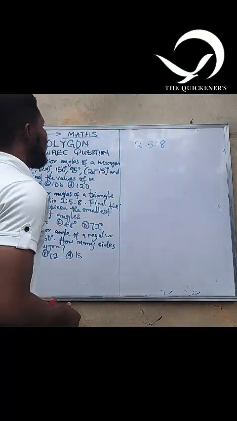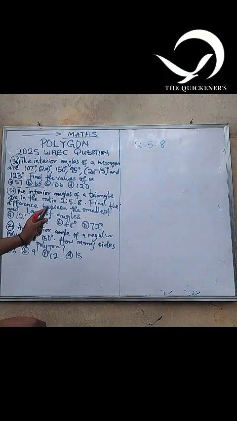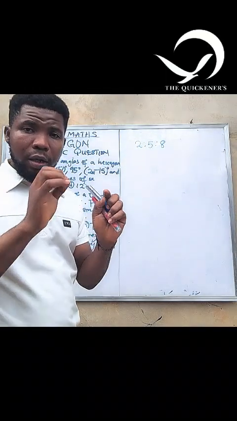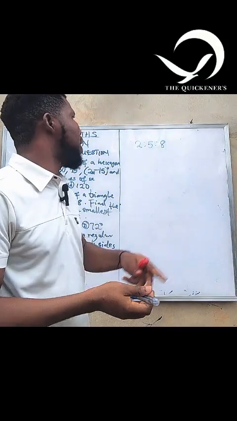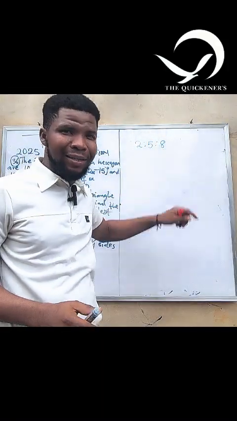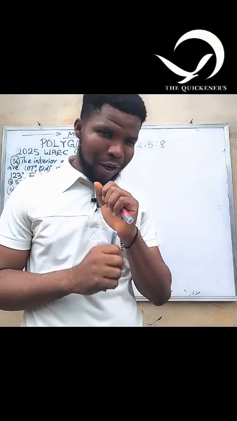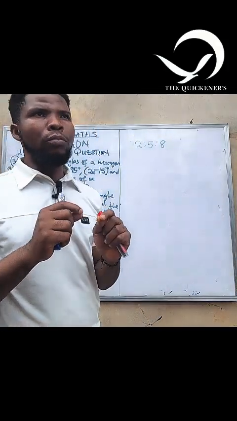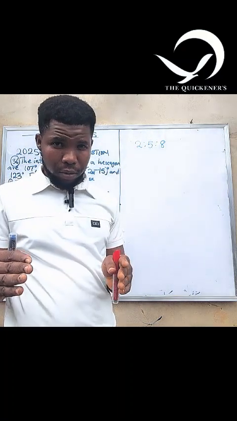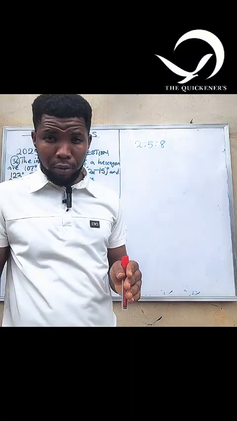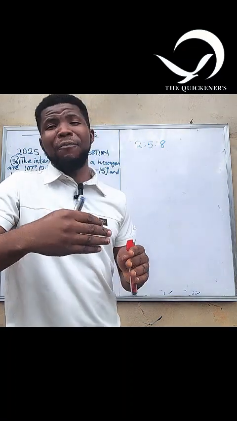Now we're looking for the difference between the smallest and the largest, okay? Obviously you know that this one is the largest. When it comes to ratio, ratio is more like the simplest form, after you have divided by what is common.